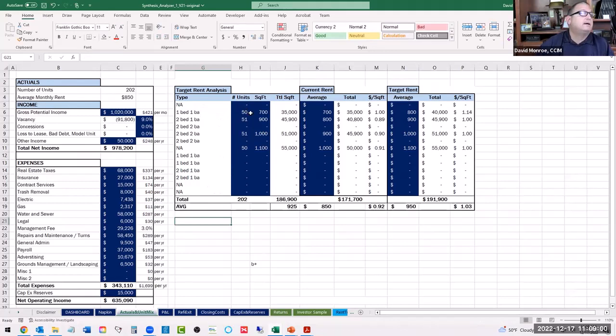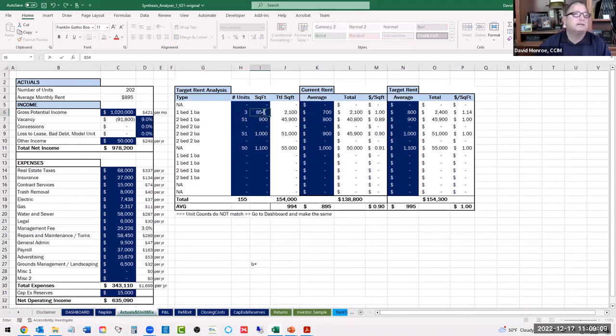So now I can come in here and say, okay, how many is the first one? There were 3 of them. The square foot is 854, and it's actually 854 for all 3. Market rent was 11. So current rent, target rent.